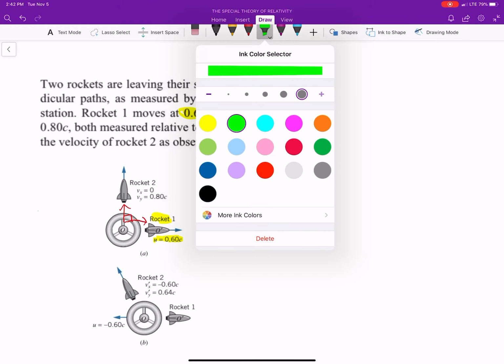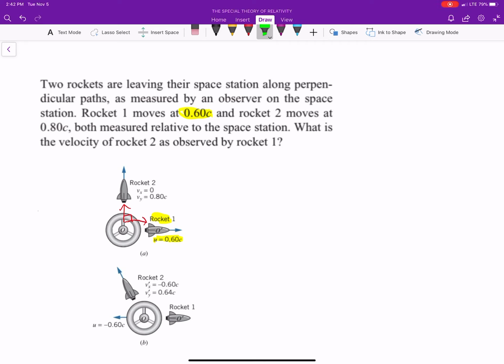And rocket 2 goes 80% the speed of light. Notice that it doesn't go in the x direction at all, only in the y. What is the velocity of rocket 2 as observed by rocket 1?